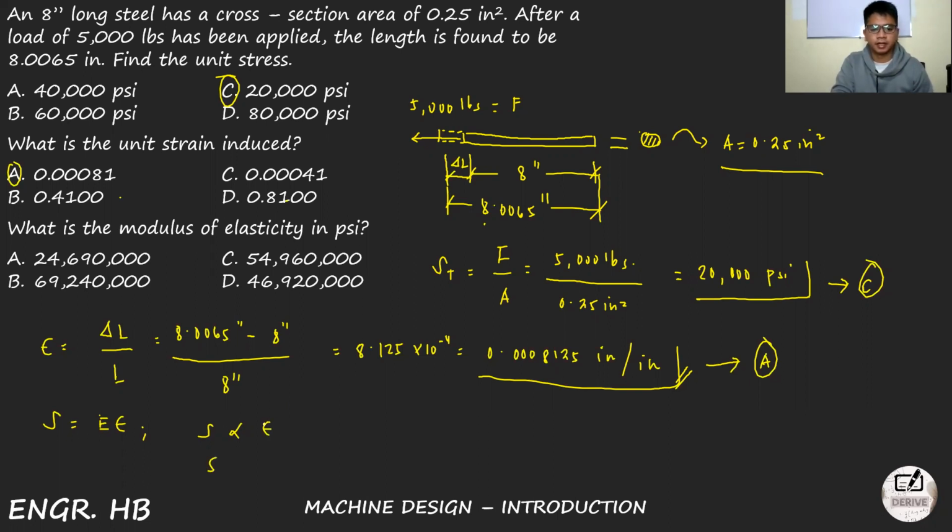So that will become S is equal to modulus of elasticity times strain. So since hinanap is modulus of elasticity, that will become E is equal to S divided by strain.